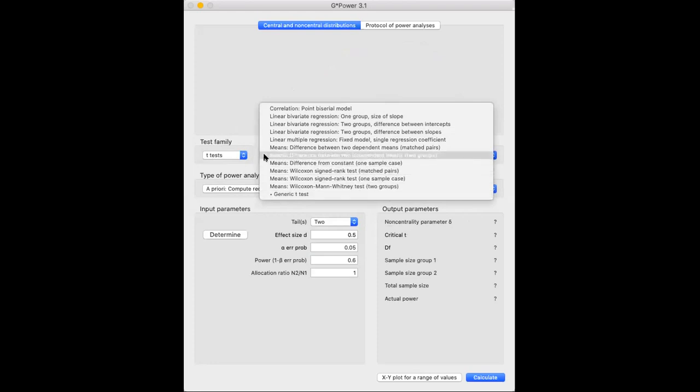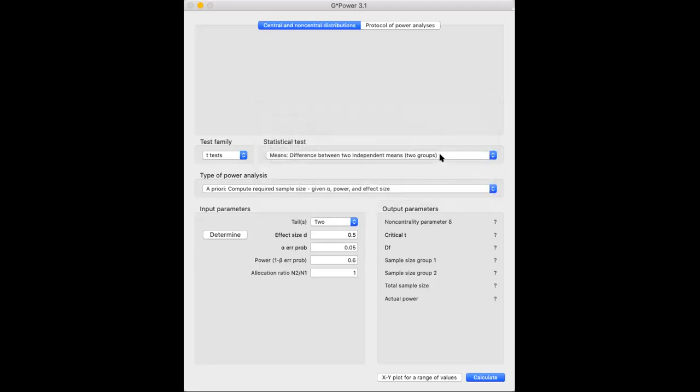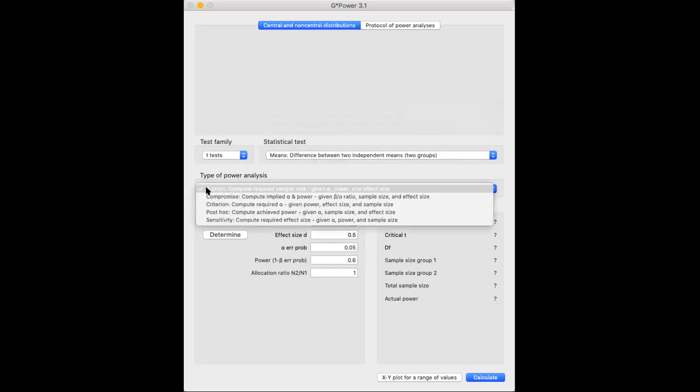If we select the means difference between two independent means, so we are comparing the means of two groups, the means from two populations, we can also choose the type of power analysis. Let's play with the first option, called a priori: computing required sample size given alpha, power, and effect size.